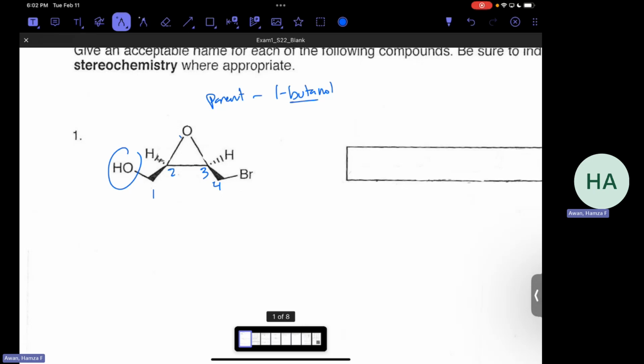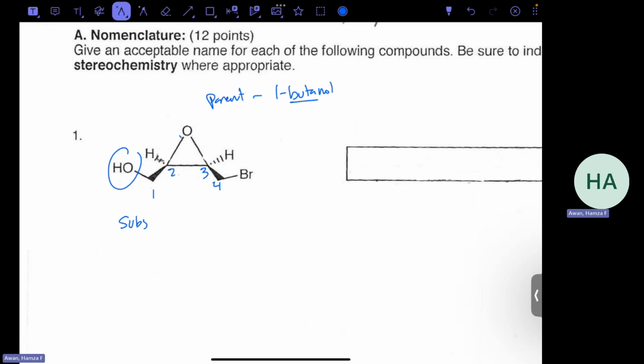And then going on, let's start naming substituents. On 2 and 3, we have it bonded to the oxygen. We won't worry about that right now, but on carbon 4, we do have the bromo, right? Whenever we are looking at the epoxide as a substituent, we call it an epoxy group, right? So let me write that down.